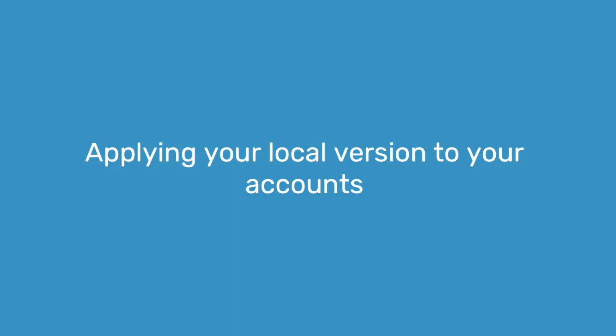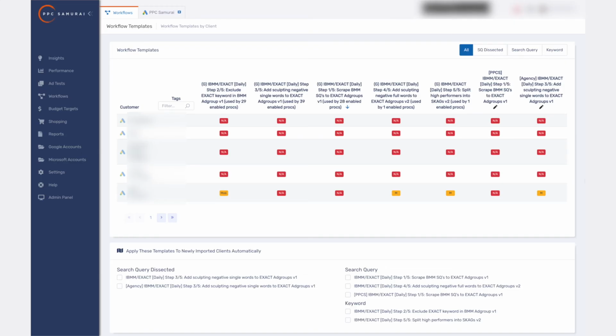Next up, we need to activate these workflows for your selected accounts. On the Workflows page, you will see a list of all of your imported accounts, and then in the columns the local versions of the 5 BMM exact workflows. Select which account rows you want to activate the workflow on, and then click the icon for the chosen workflow.